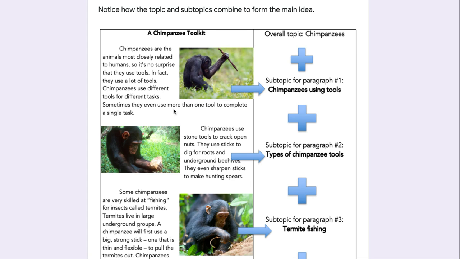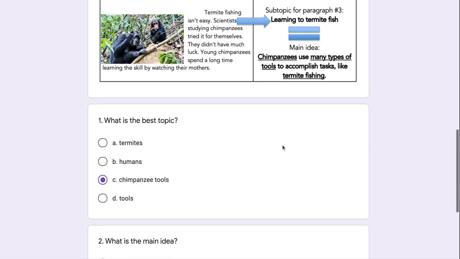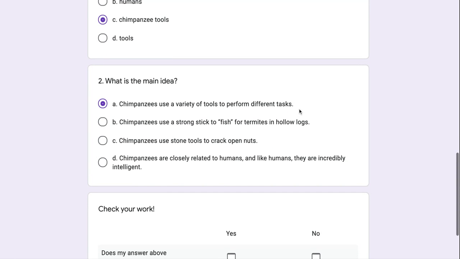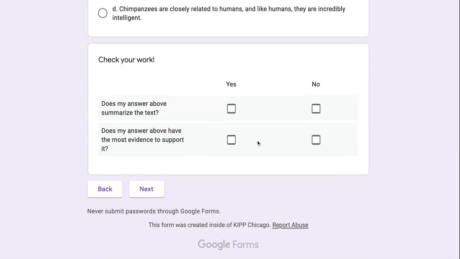I also see here that in this paragraph, they're talking about all the different types of tools that they use, lots of tools. So if I have to decide between A and B, I think A more accurately summarizes the entire text because in many ways, termite fishing is also a different task. So maybe I might even be able to say that A has 3 pieces of evidence to support it.